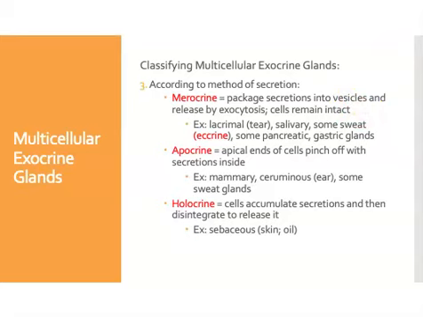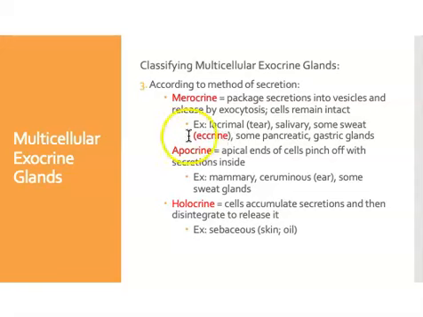Now, good examples of merocrine type glands are lacrimal glands that make your tears, the salivary glands, some of the sweat glands, but not all, some of the glands in your pancreas, and some of the glands in your stomach. Now, there is one term here I want you to take note of. That's this term eccrine. We're going to come back to this term when we talk more about the skin.